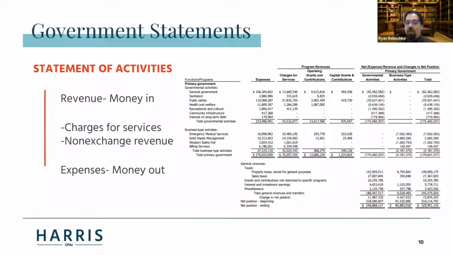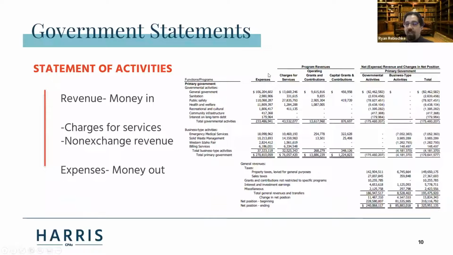So they get allocated across funds by an amount that's accounting-ese. But effectively, your non-exchange revenues will show up down here at the bottom. Your charges for services, or any grants or donations would show up here.